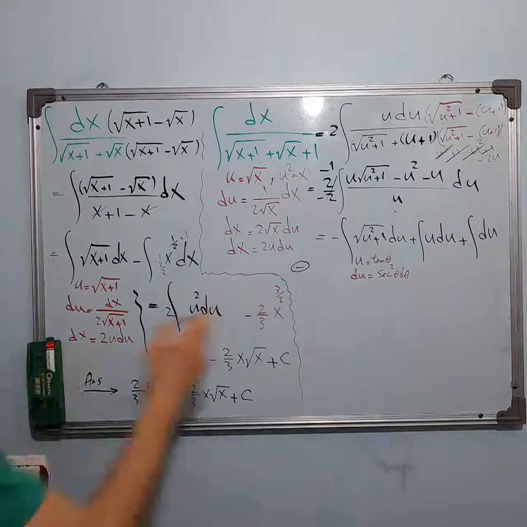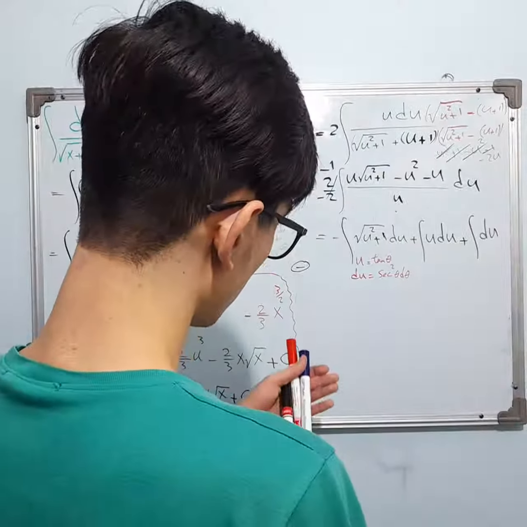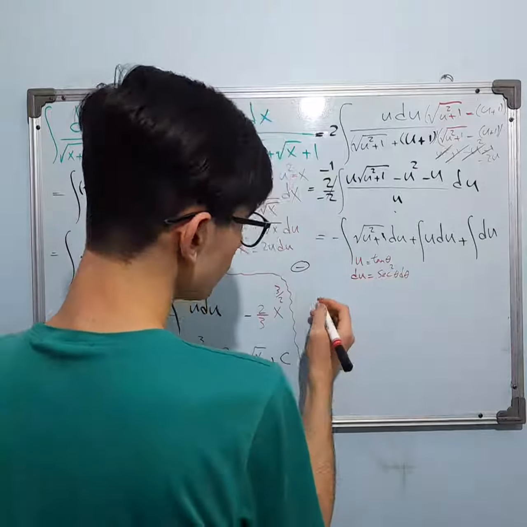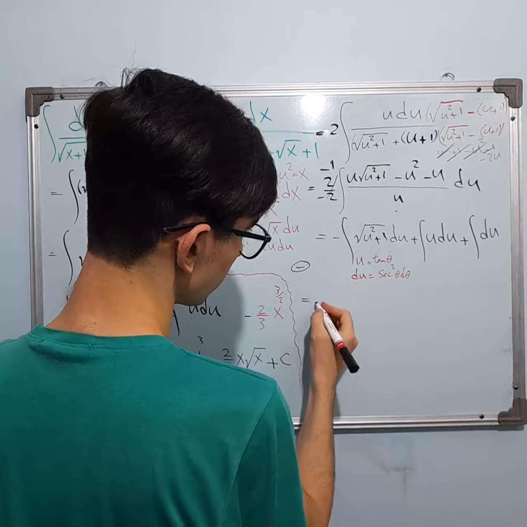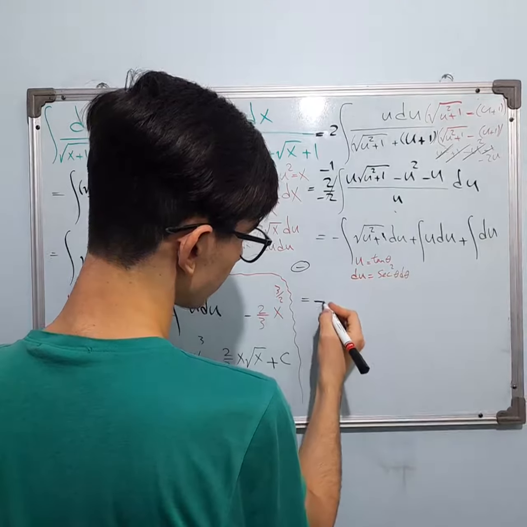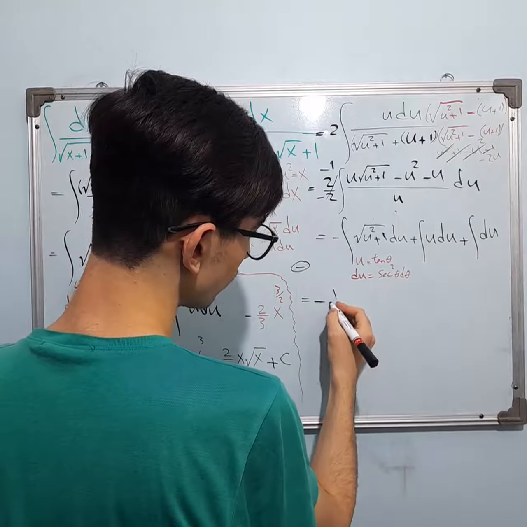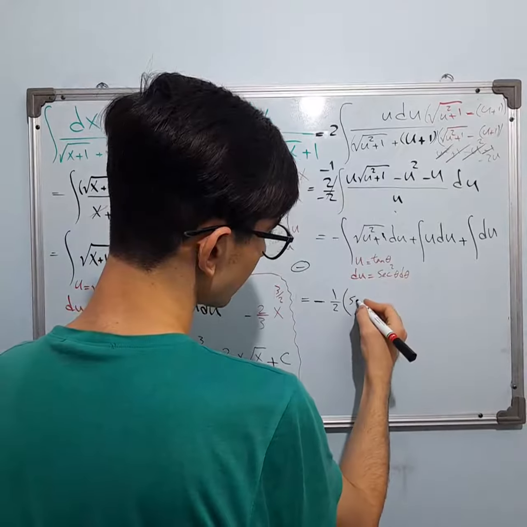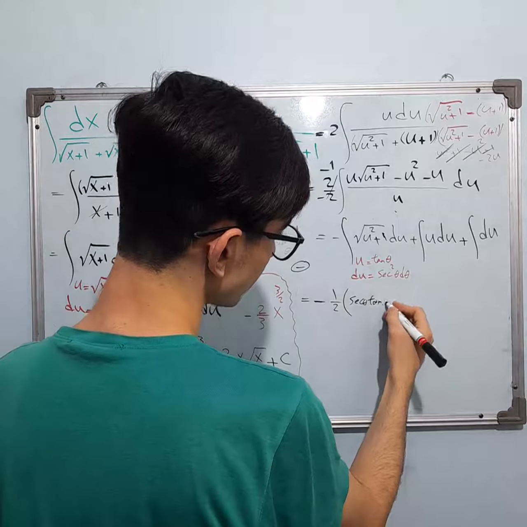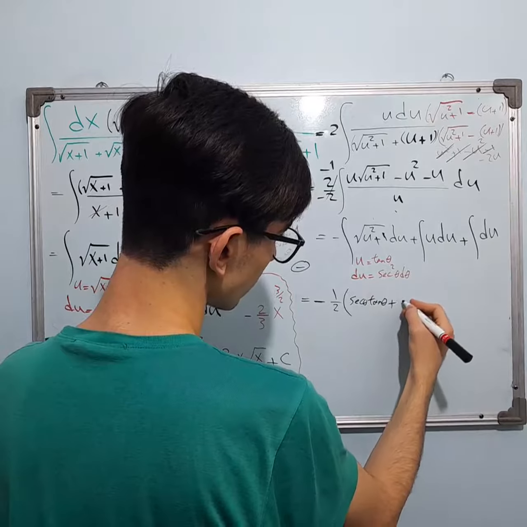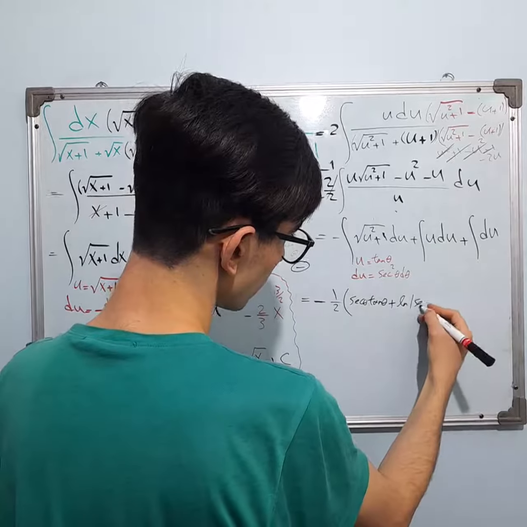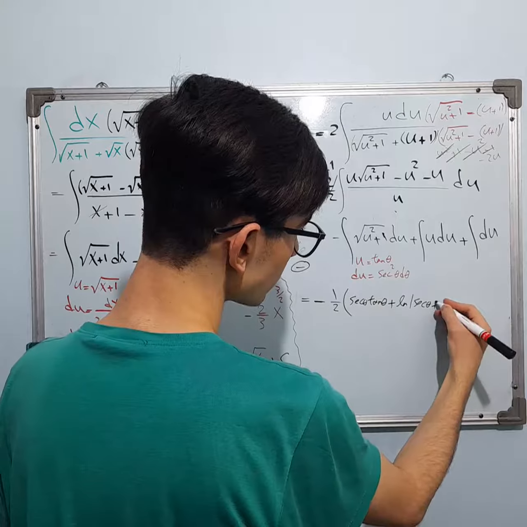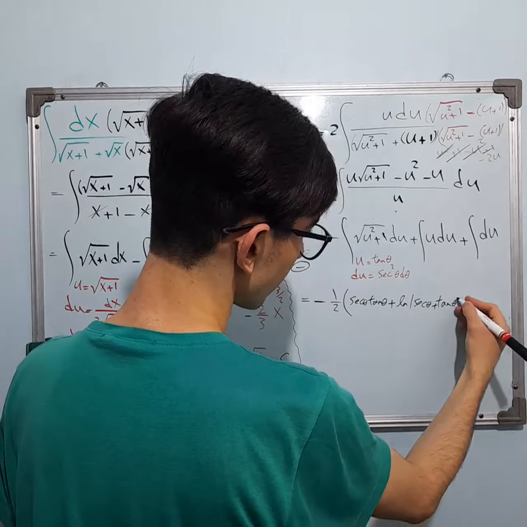Okay, and we had a negative here. So I understood that this one is minus 1/2 of secant theta tangent theta plus natural logarithm of secant theta plus tangent theta.